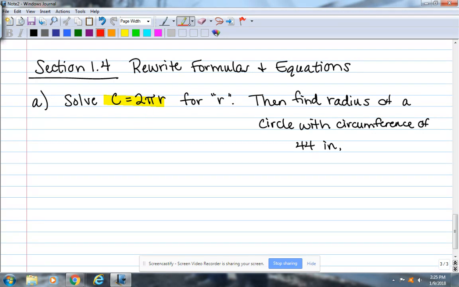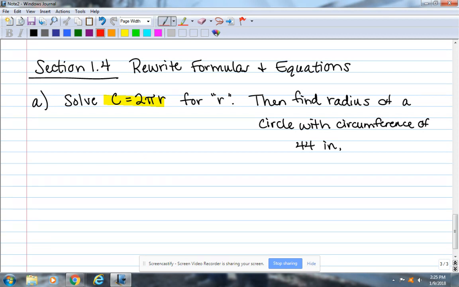So, how is the 2, the pi, and the R all connected to each other mathematically? They're squished together, right? Which means what's happening to them? They're multiplied times each other, right? So if I want to get rid of everything except for the R, what can I do to it? What's the opposite of multiplying? Dividing.